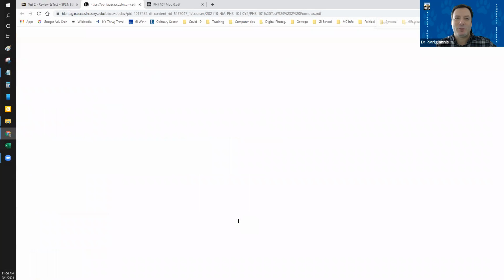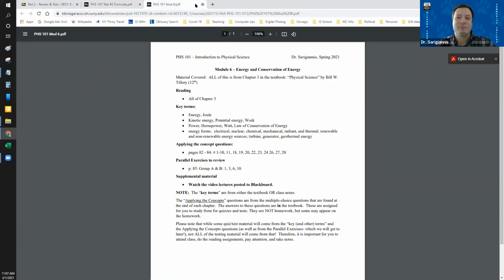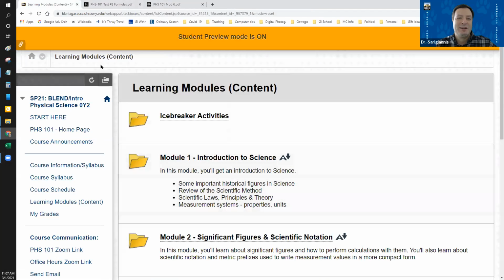Test 2 formulas is just a reference sheet for test number 2, with the variables that you'll need. It's a lot of motion and force, so all that is in here. We'll go through this formula sheet when we do review.